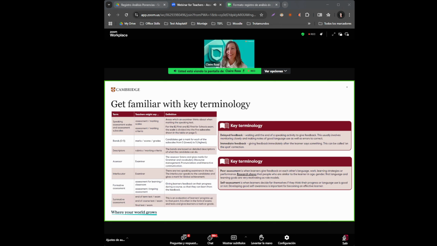So in the guides, you've got a translation, if you like, from the very technical assessment term, what we would say as teachers, and also a definition. And you've got these important parts of key terminology about assessment and teaching methodology throughout the guide. So you can refer to this at any time.